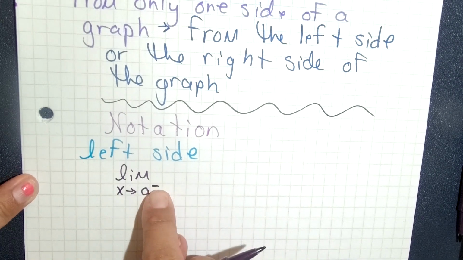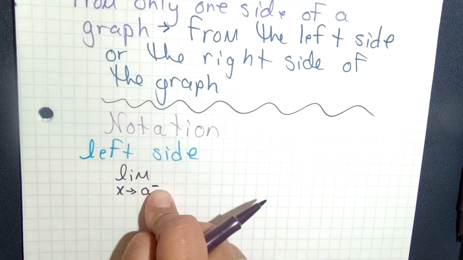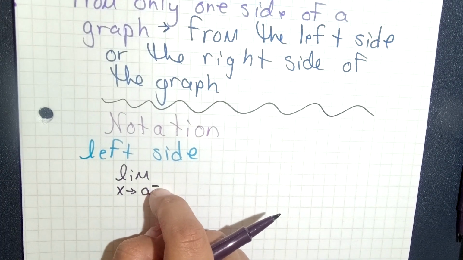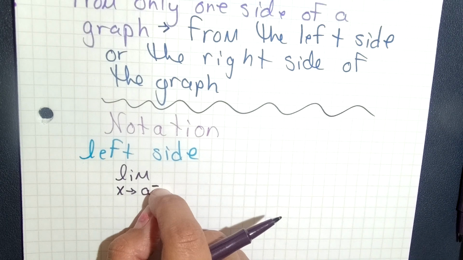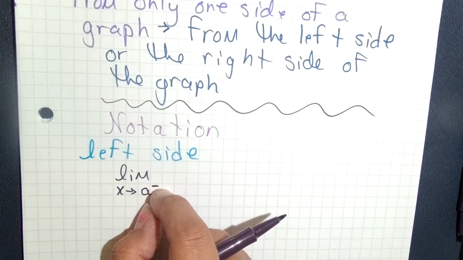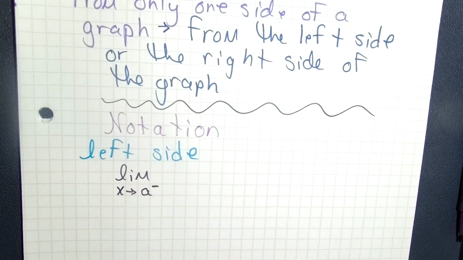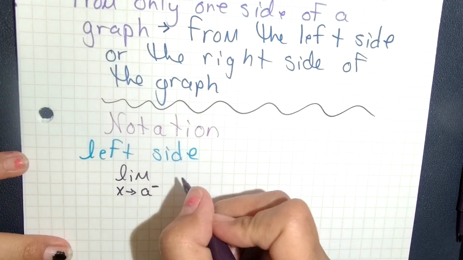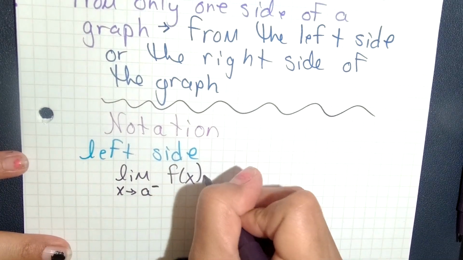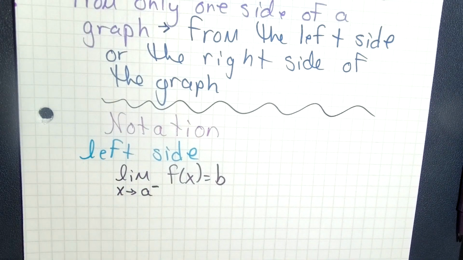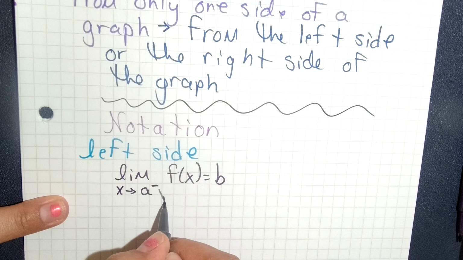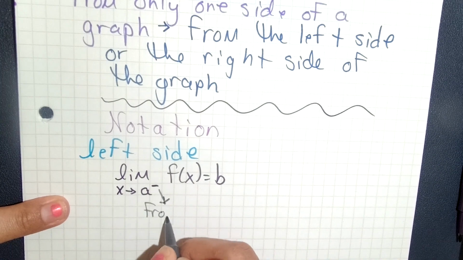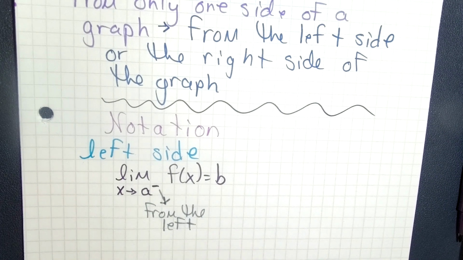This little negative sign, and you'll see in a second, a plus sign, it's way different from just what we did last week, where it's just an a, of f of x is equal to b. So again, this negative sign means from the left.